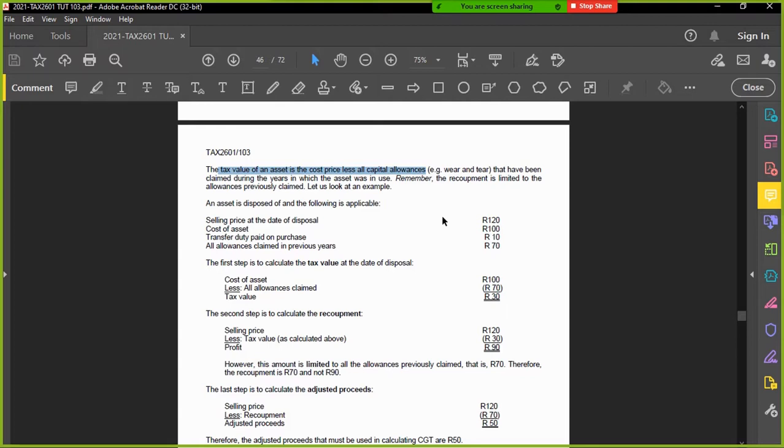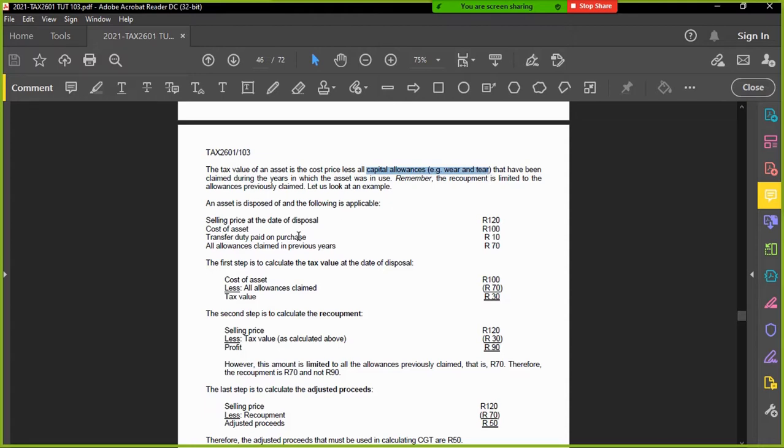You have things called capital allowances. It could be wear and tear, or capital allowances in terms of section 12. We looked at those last week, depending on what type of asset you've got. So tax value is the cost less the allowances. Do you see that?